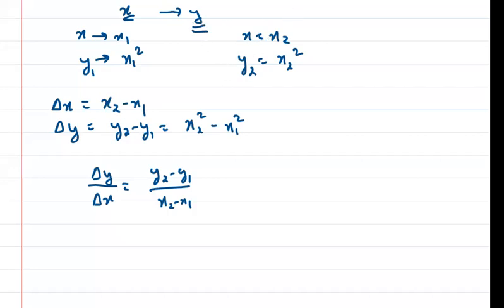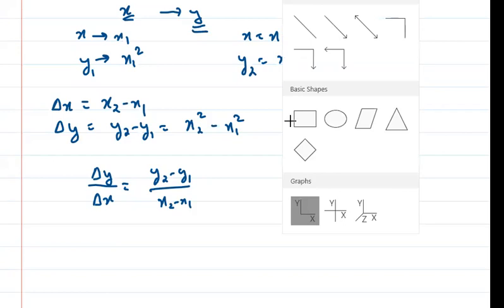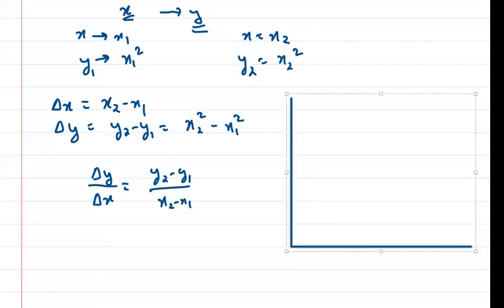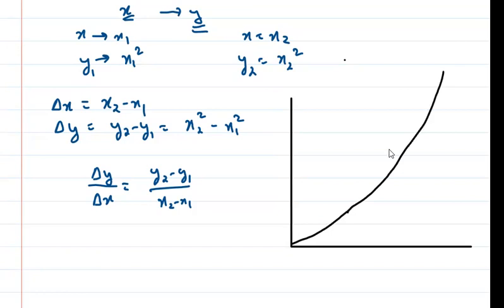So if I make a graph of this, let's see. I hope all of you know basics of trigonometry and all those things, right? So y is equal to x square is supposed to be like this. This is a graph of y is equal to x square, right? Okay, and I want to find 2 points. Let's take 2 points. This is point x1. This is y, this is x.